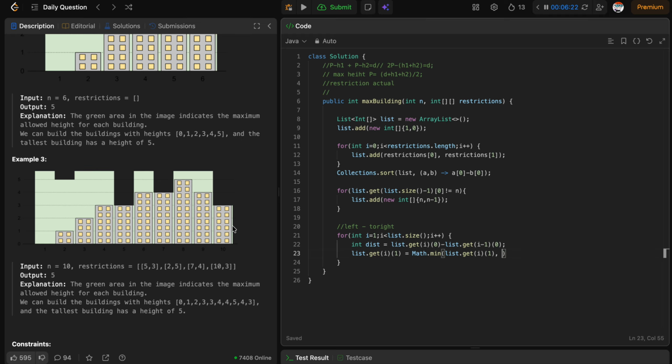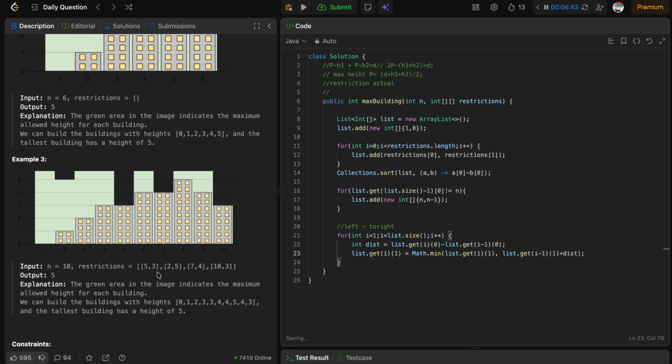The previous one and plus distance, because yeah, this will be the case. Why will this be the case?